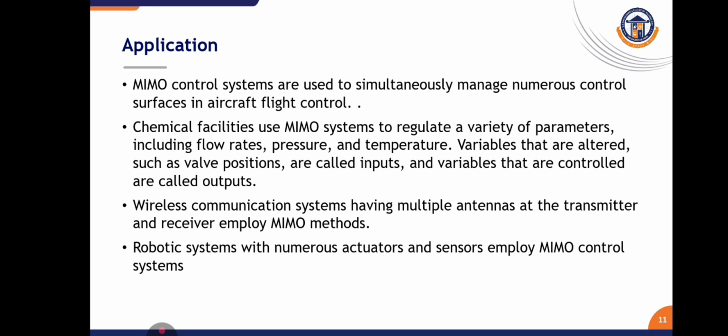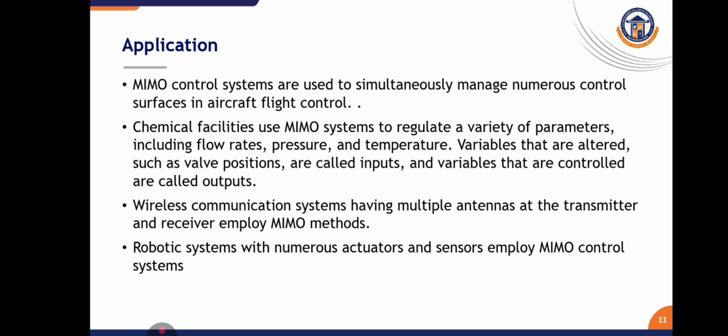The variables that are altered, such as valve position, are the inputs, and the variables that are controlled are called outputs. Wireless communication systems having multiple antennas at the transmitter and receiver employ MIMO systems. Robotic systems with numerous actuators and sensors employ MIMO control systems.